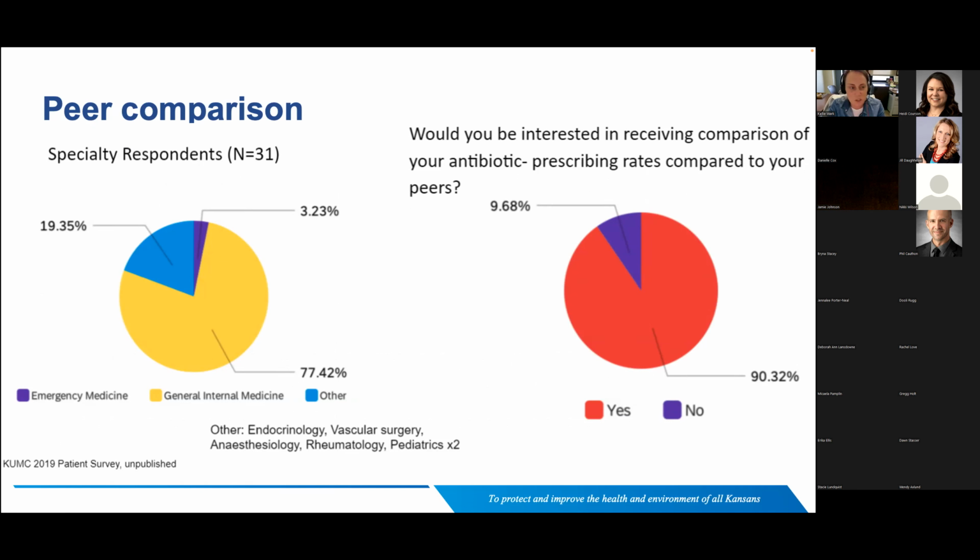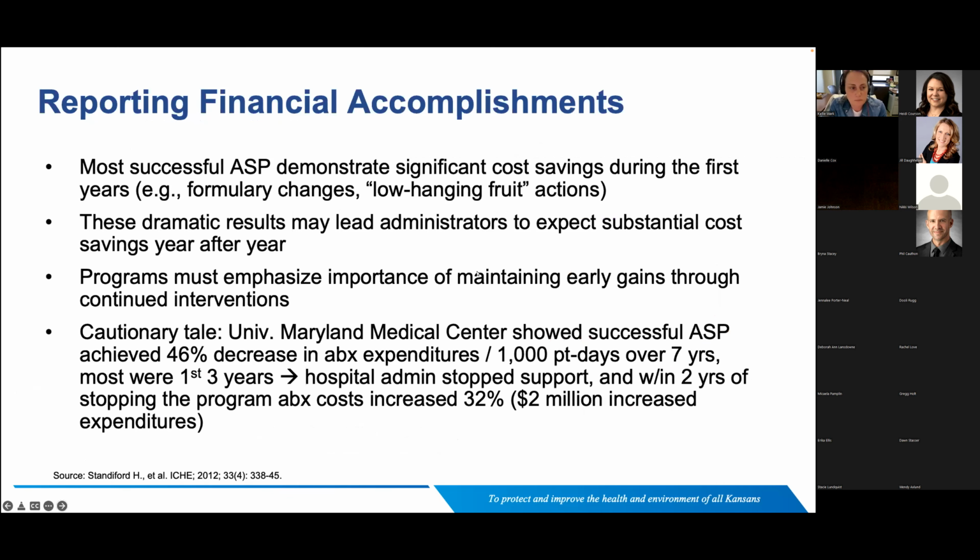So actually a few years ago, a fellow and I did a survey of prescribers, and this was pretty influential, because the providers actually were not opposed to seeing their antibiotic usage, nor to being compared against their peers. And so that is something that can help convince administration that it would be very beneficial to reduce misuse. Next slide.